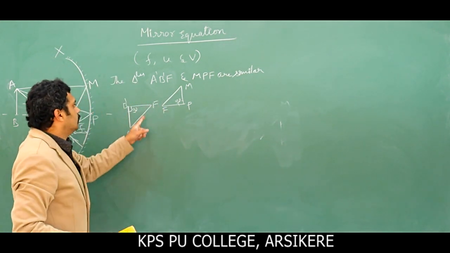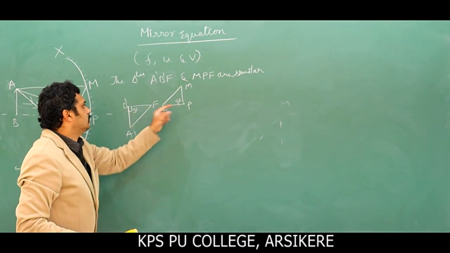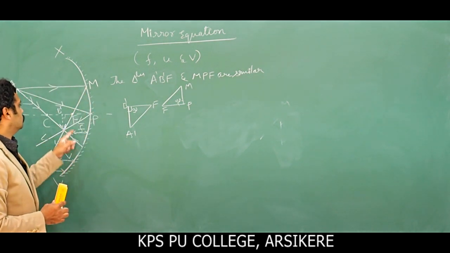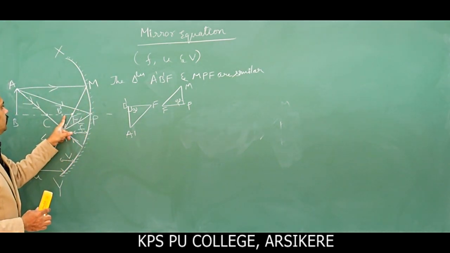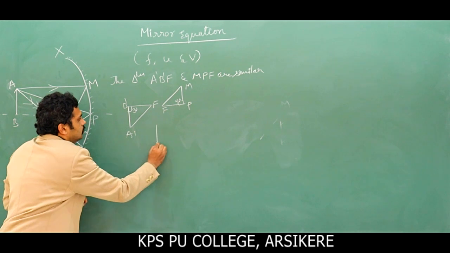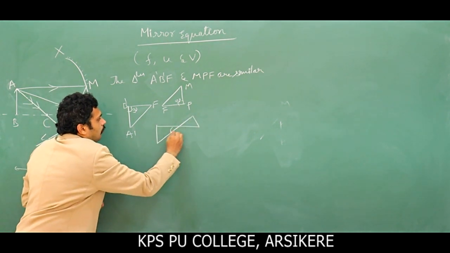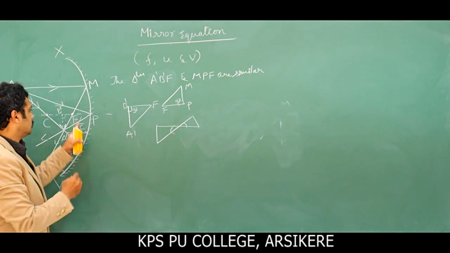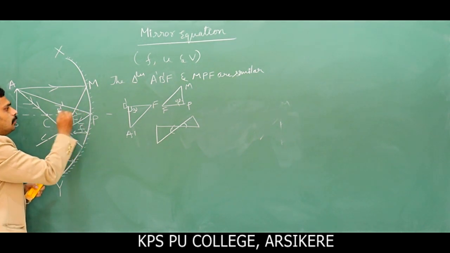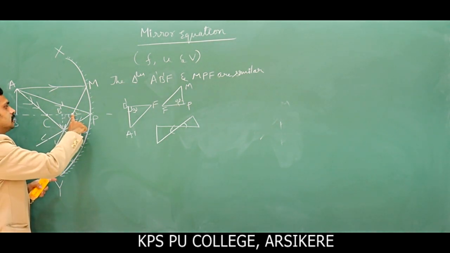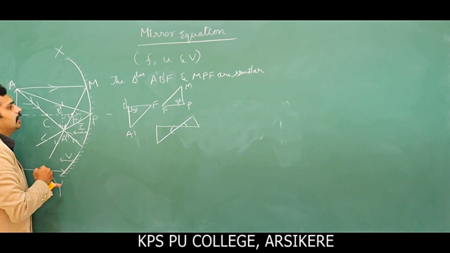Here this angle is 90, this angle is 90, and also these two triangles have vertically opposite angles. If two lines intersect, vertically opposite angles are equal.